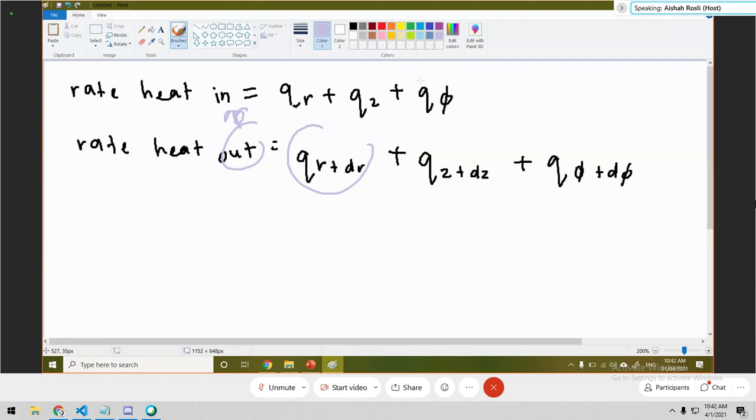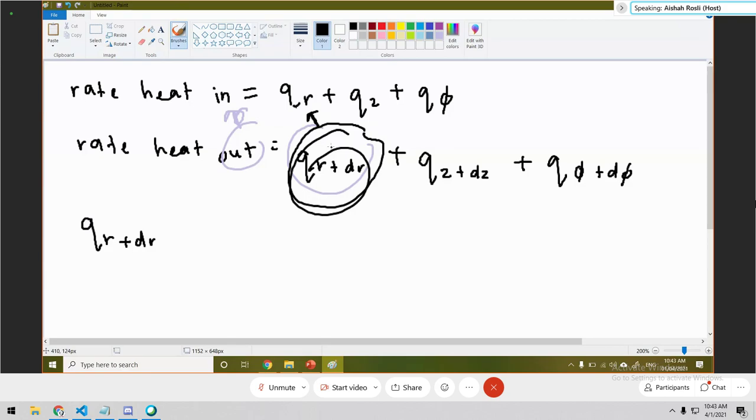But before we simplify things, we need to make it a little bit more complicated. We want to change this into something that can eliminate Qr. So we use the Taylor series expansion, which is just a way to expand the equation. So we have Qr plus dr, which is this one.